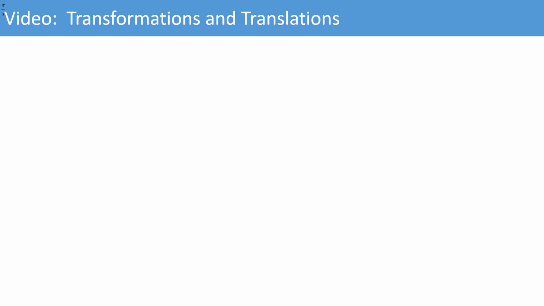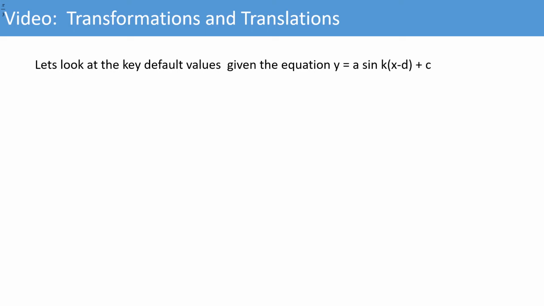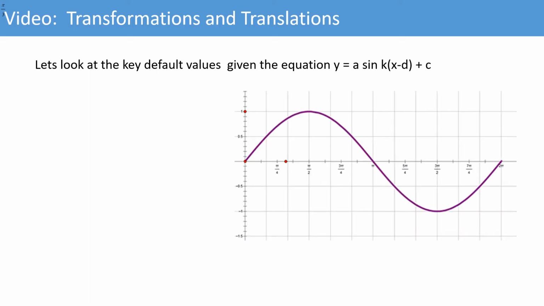Now, let's start by looking at the default values of the equation y equals a sine k x minus d plus c. The amplitude, which is of course the height from the axis of curve to the maximum point or the minimum point, has a default value of 1.